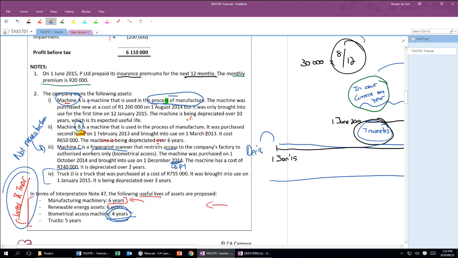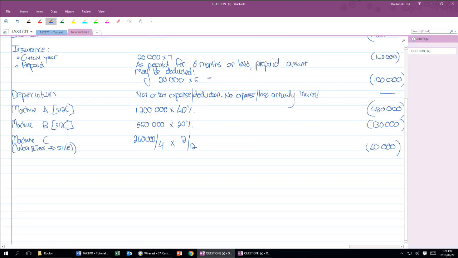Okay, and then we have 4. It says truck D is a truck that was purchased at a cost of 755,000 rands. It was brought into use on the 1st of January 2015, so on the first day of the tax year, and it's depreciated over 3 years. Same story again, guys. It's not a manufacturing asset, it's a truck. Trucks are written off over 5 years, and we had it the entire year.